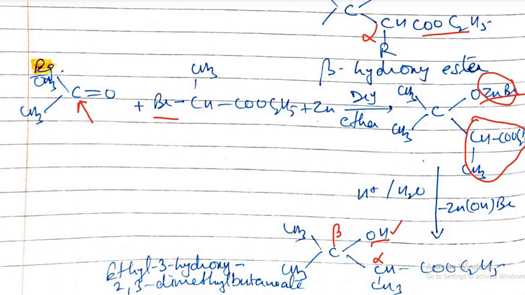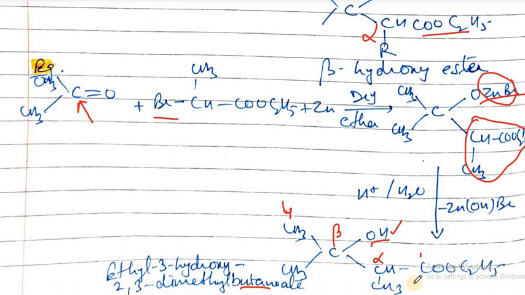And the name of this: we will start from here. It is the first carbon, then second carbon, then third carbon, then fourth carbon. So the carbon chain is of 4 carbons, so it is but-. All are single bonds between the carbon chain, so it is butane.